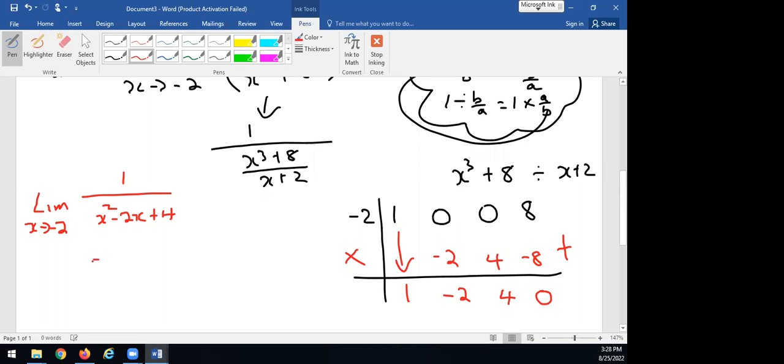What happens when you plug those in? I think I got 1 over 12. Anybody got that? Let's check. I could be wrong, so let's check. -2 squared is 4. -2 times -2 is also 4, and then plus 4.